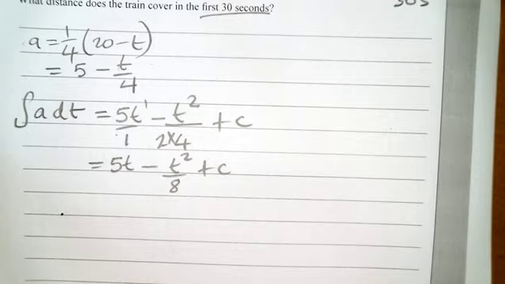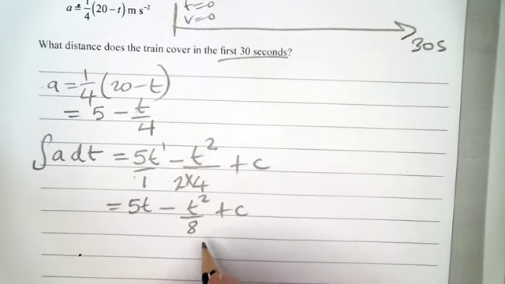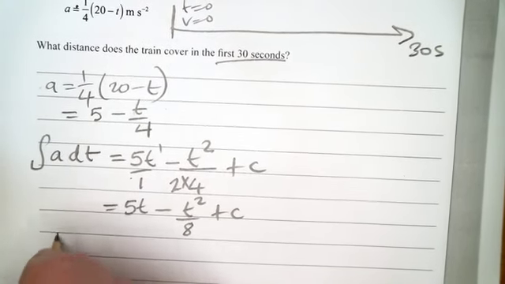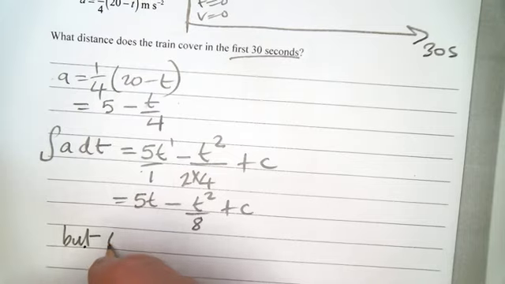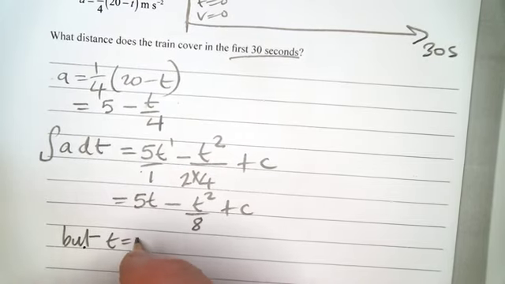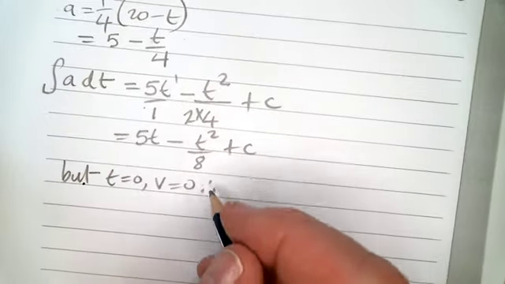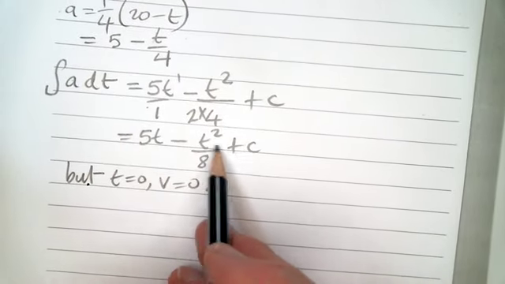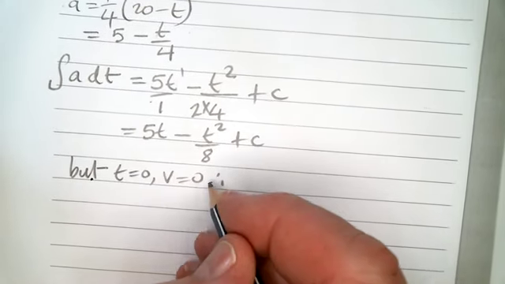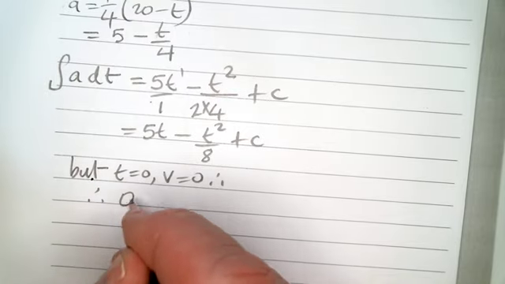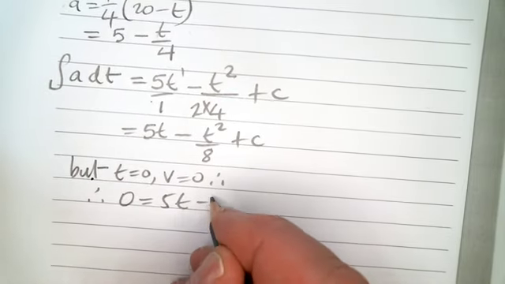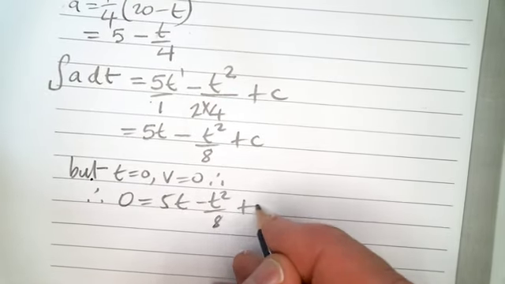All right, so let's go ahead and say at t equals 0, v equals 0. Therefore, 0 is equal to 5t minus t squared on 8 plus c.